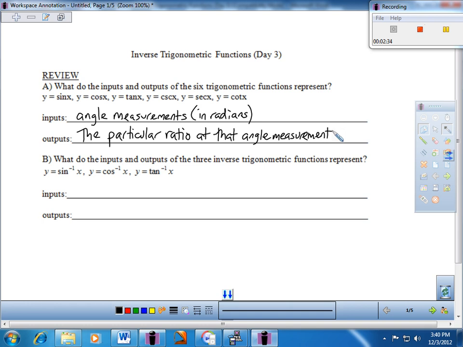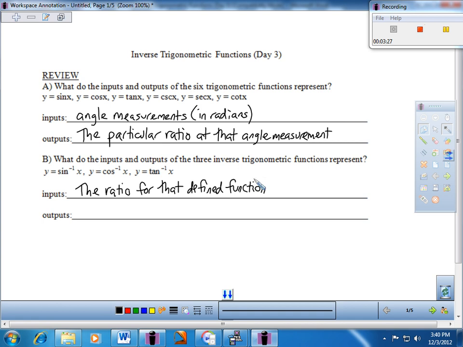This is how I wrote it on my sheet, and you can paraphrase if you'd like: the ratio would be the input. The ratio for that defined function. So it's either the sine ratio or the cosine ratio or the tangent ratio, whatever the case may be. It is the ratio, though.